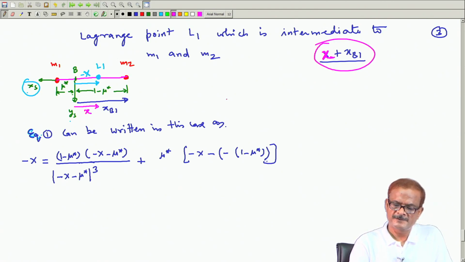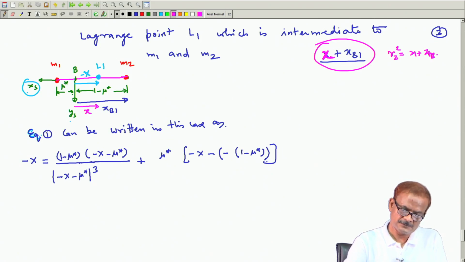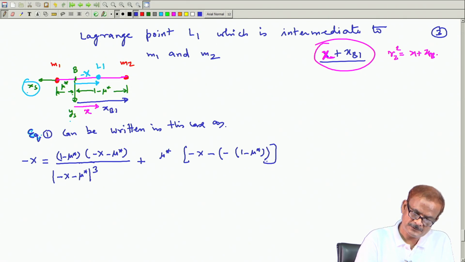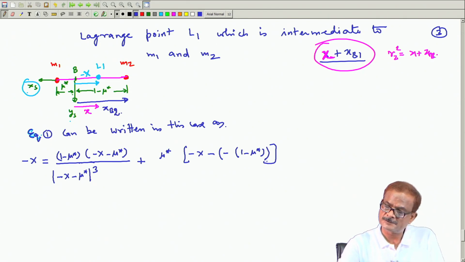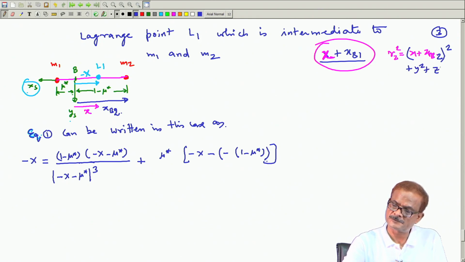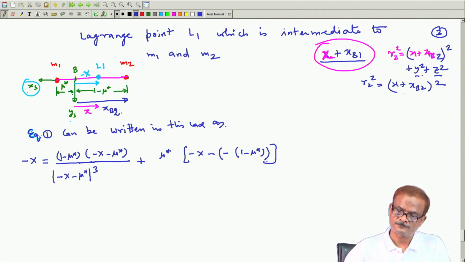So, what this was indicating, this is part of the vector r 2 square equal to x plus x b 2, this is b 2, this is x b 2. So, this x b 2 square plus y square plus z square, and when y and z they are 0. So, r 2 square then becomes x plus x b 2 square, and we have to consider it in this format.